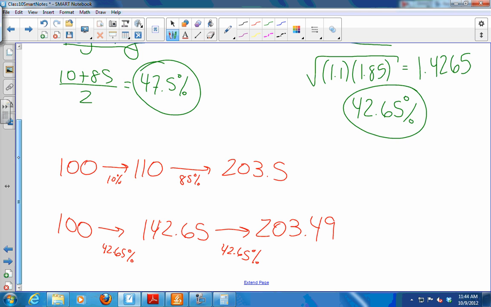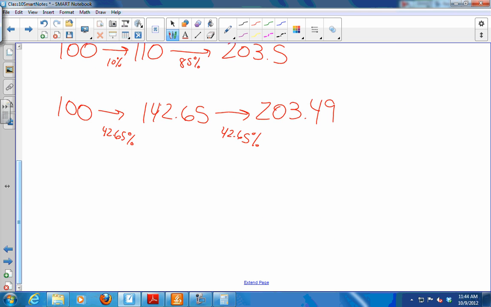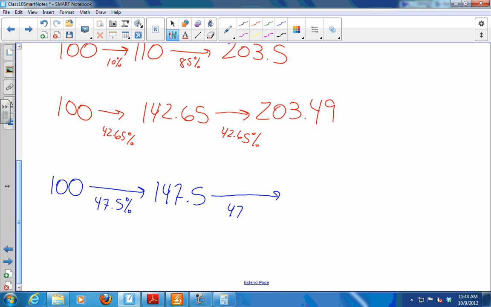If I did this with 47.5%, let's just do one more where I show you that it's not right. Increase by 47.5%, the arithmetic mean, the regular old average, I get 147.5. Then I'm going to increase by 47.5% again.